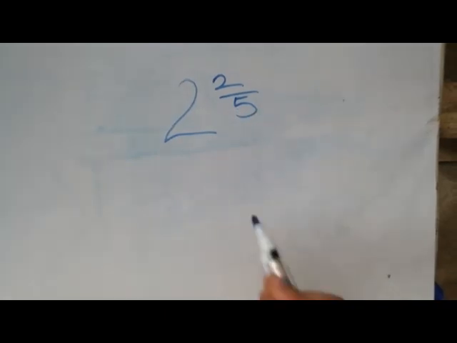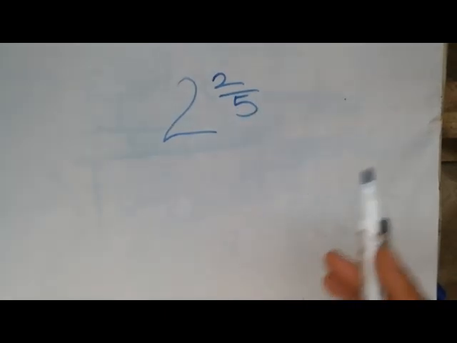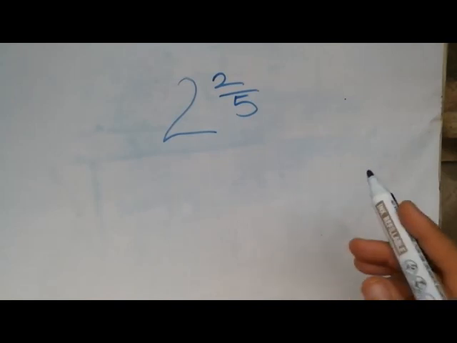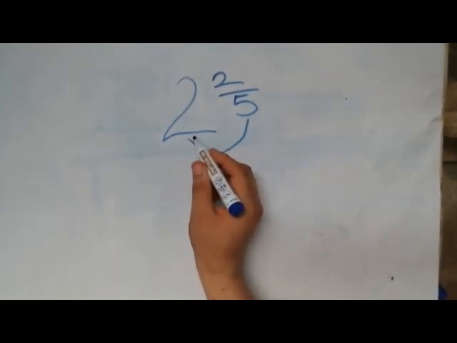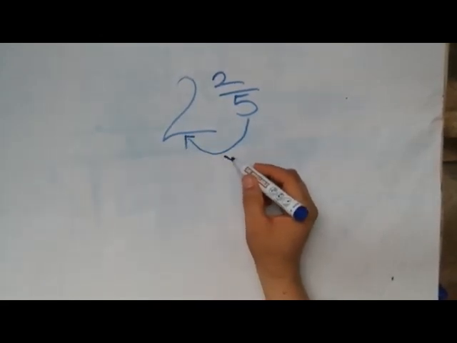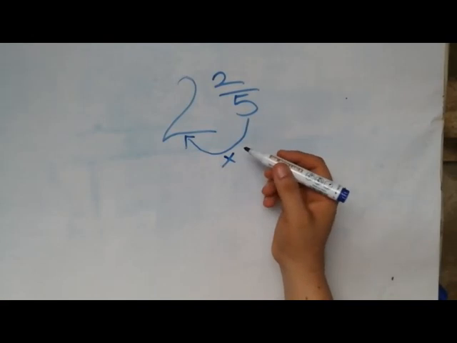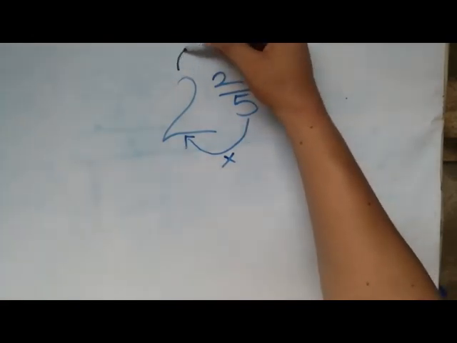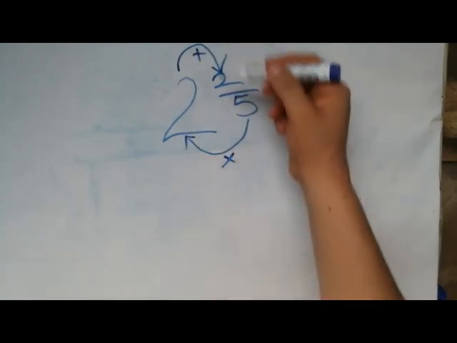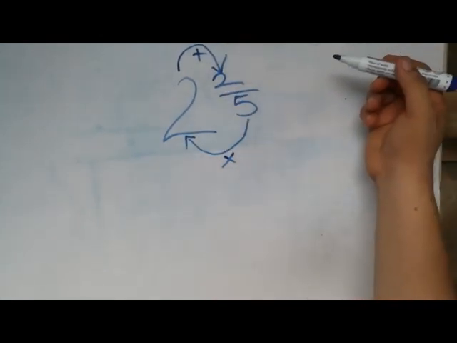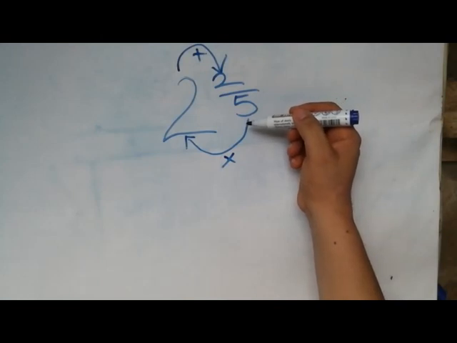So even after you've converted to improper fraction, your denominator will be 5. From here to here, what you have to do is to multiply. Whatever you get, you take it from here to here, you add. Whatever you now get will be the numerator, while the denominator remains 5.